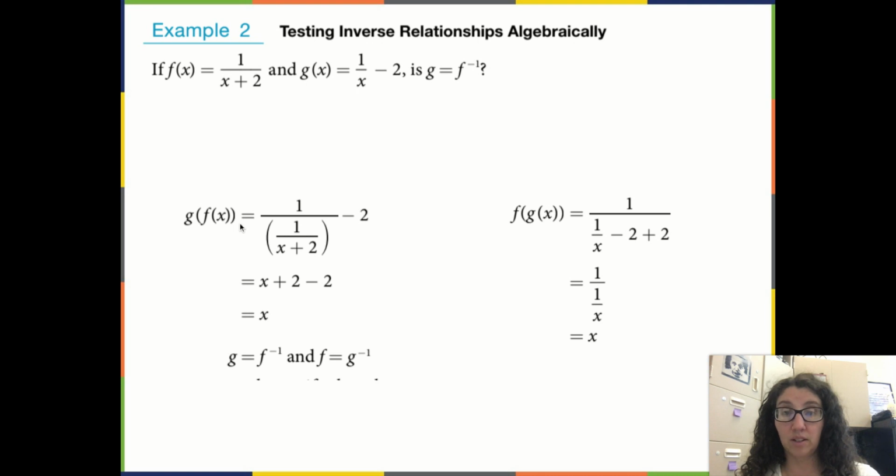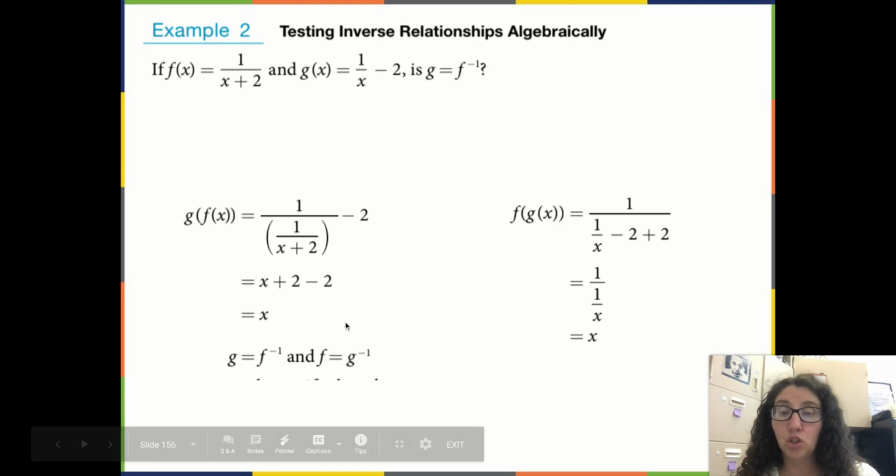So f of x, this whole expression, we're plugging into g. So this whole expression is getting plugged in for that x. Okay, that's what we've done here. Now I've got to algebraically simplify this. 1 over 1 over x plus 2 is the same thing as just x plus 2, right? If we invert and multiply this denominator, or we could multiply top and bottom by x plus 2. X plus 2 minus 2, those cancel out, and we just get x.